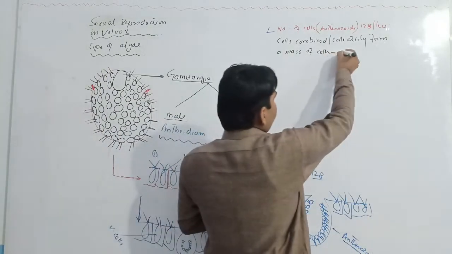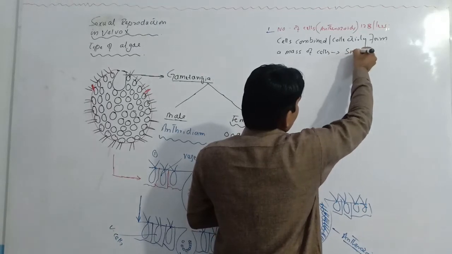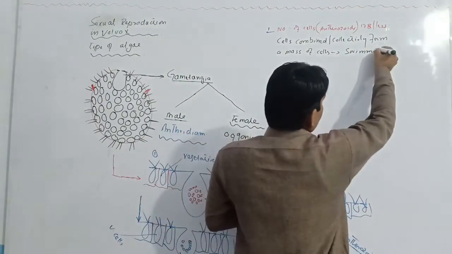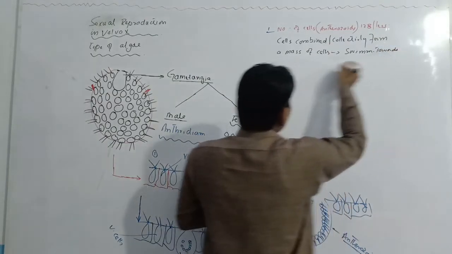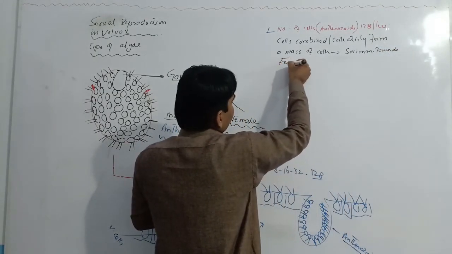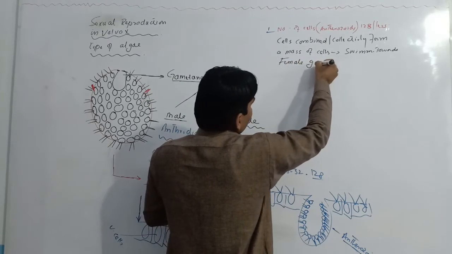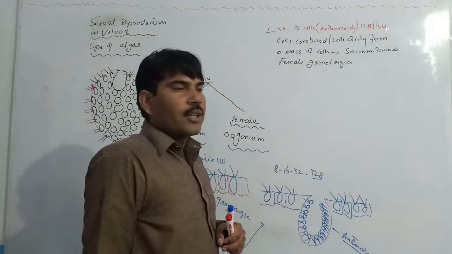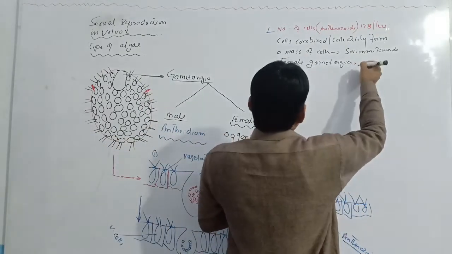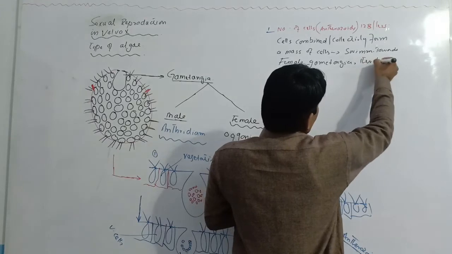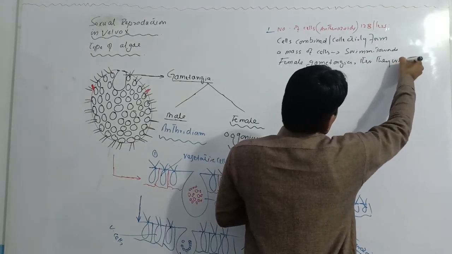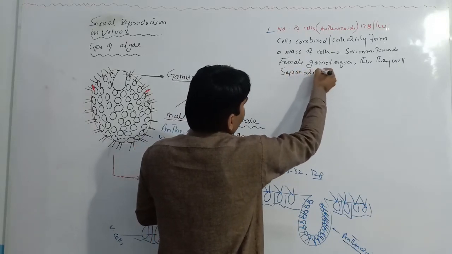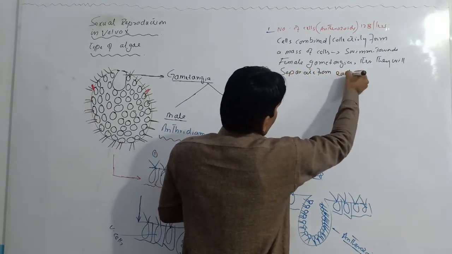Then this mass of cells will swim towards the female Gametangia. When it reaches the female Gametangia, they will separate from each other.